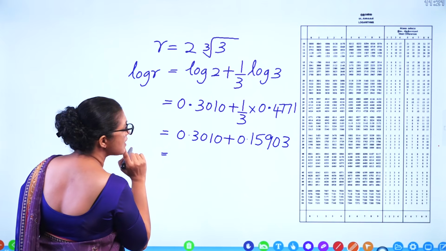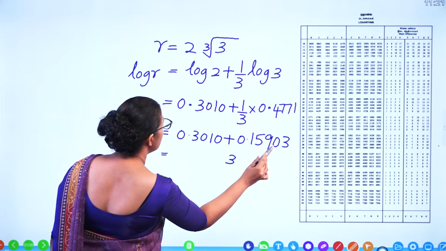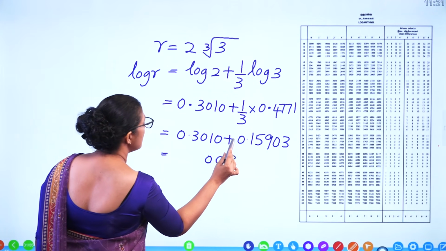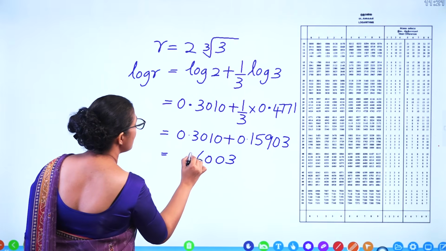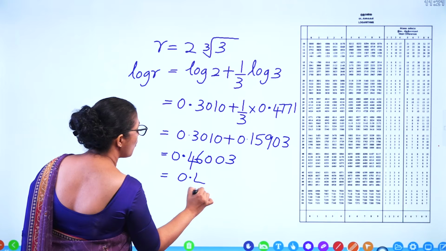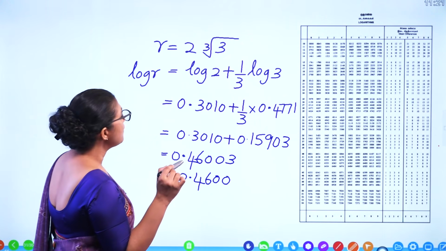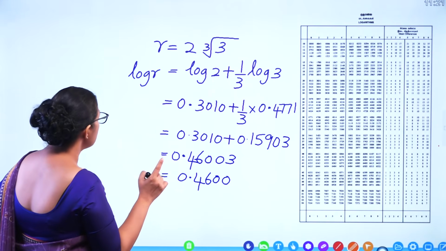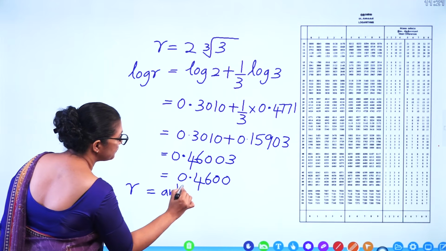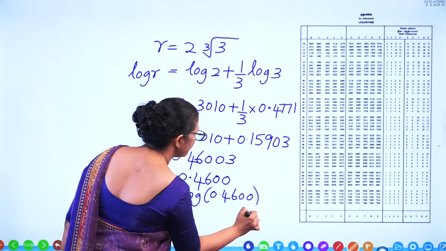So here, what's the sum? 0.3010 plus 0.1590 is 0.4600, correct to 4 decimal places. Look at the logarithmic table for antilog. Now R becomes the antilog of 0.4600.